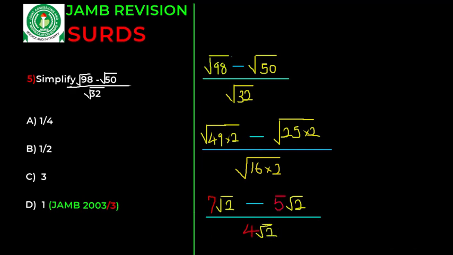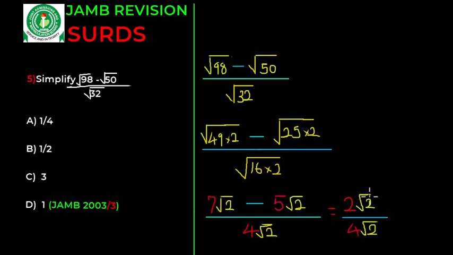All right, and now solving this out here, we subtract, because this is square root of 2, this is square root of 2, so we can subtract. So 7 minus 5 will give us 2, and of course the square root comes. So 2 square root of 2, you have it back. And we have it for the denominator, 4 square root of 2.